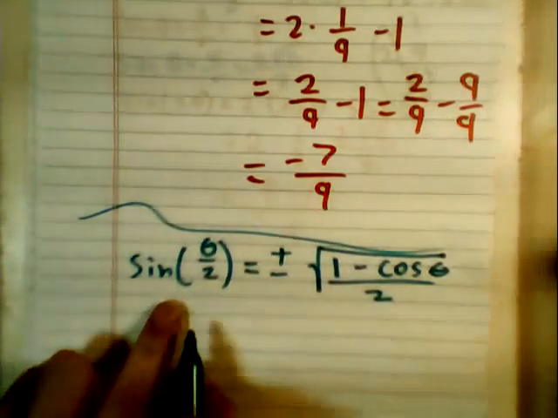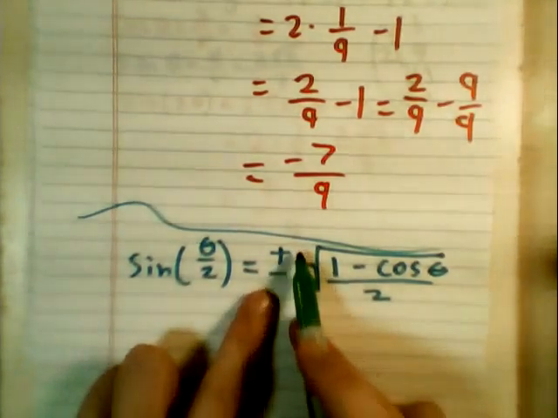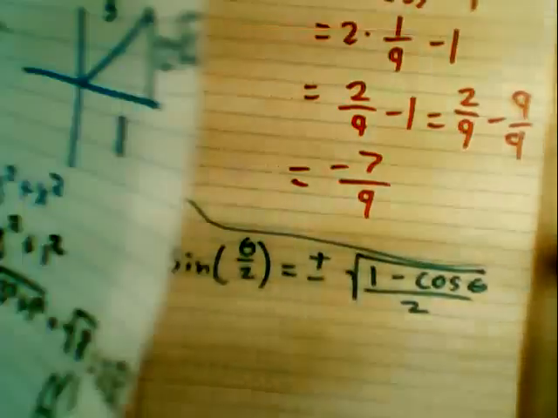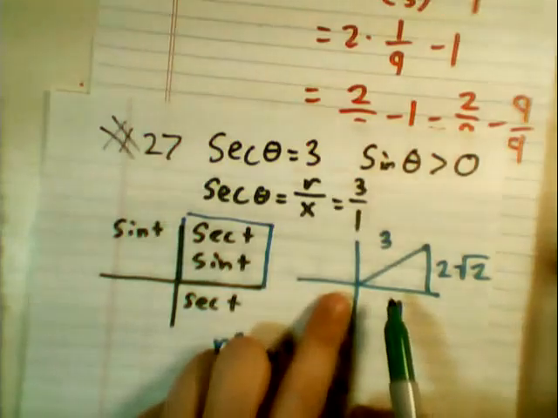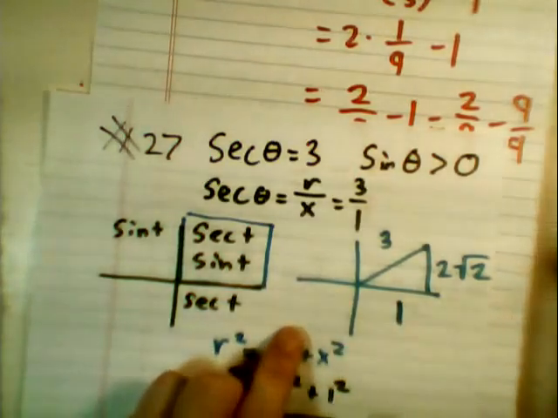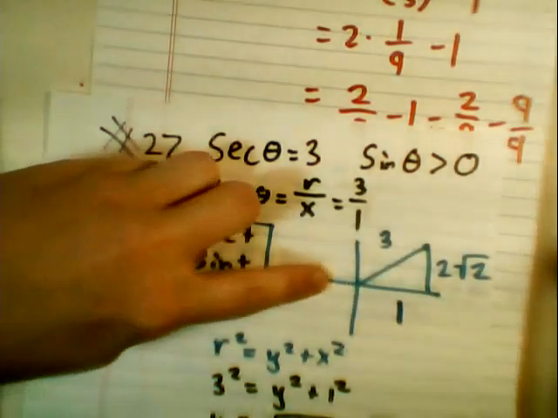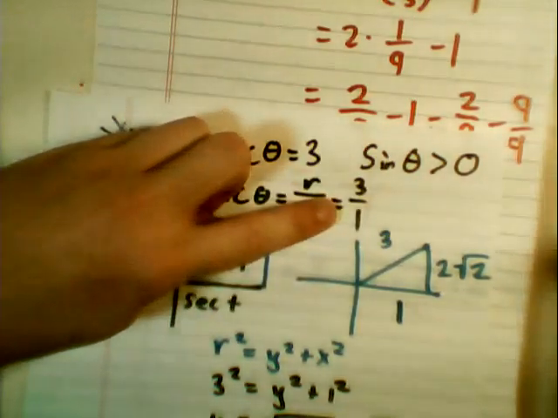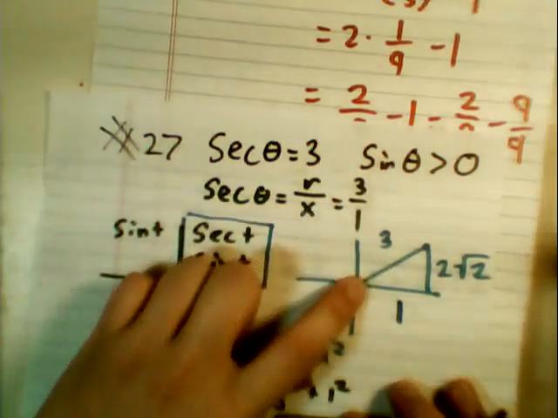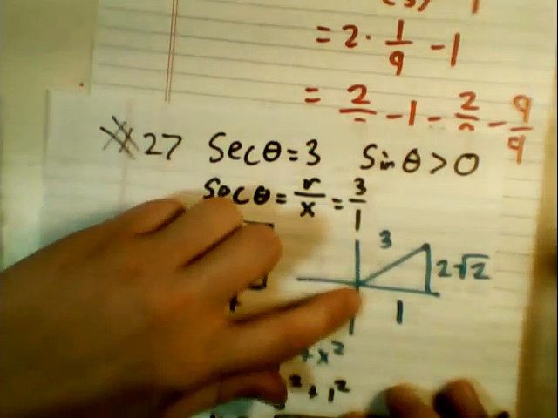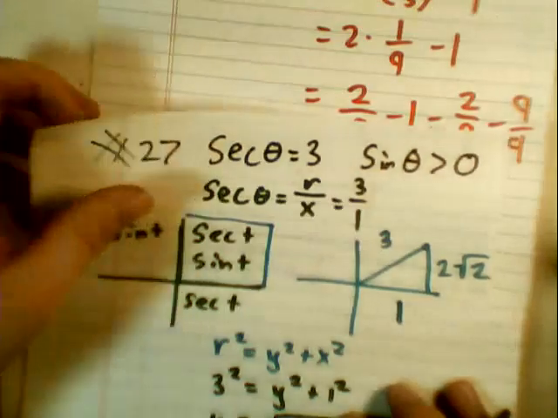So, first we need to decide whether we use the positive or the negative. And how we do that is we look at our triangle. Since sine deals with y values, we use the positive when the sine or the y value is positive, and we use the negative when sine or the y value is negative. So since our triangle is in quadrant 1 and the y value is positive, we're going to use the positive.